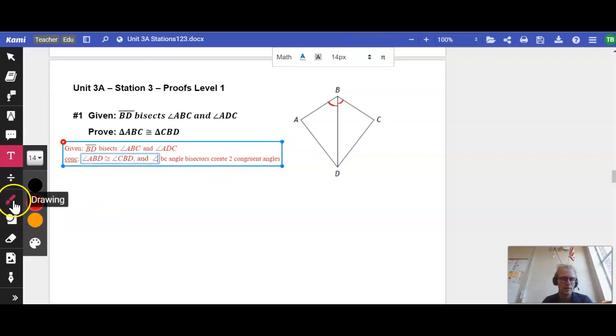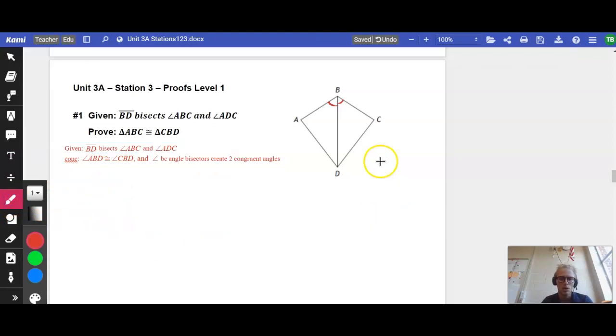We get another pair of angles congruent as well. So if it's cutting ADC in half, then we get ADB and CDB.